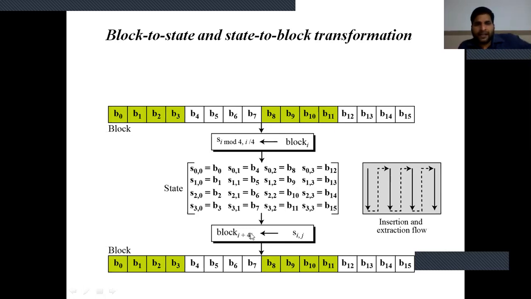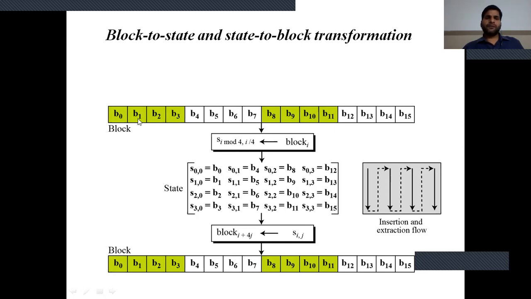Now again we explain the block to state and state to block transformation in this way. Suppose block value i equals 0: we put 0 mod 4 and 0 by 4, giving S00 for B0.